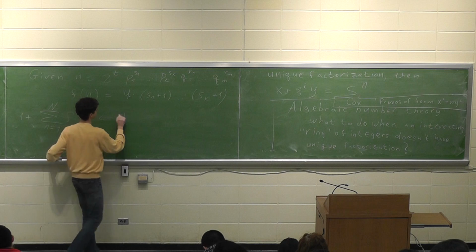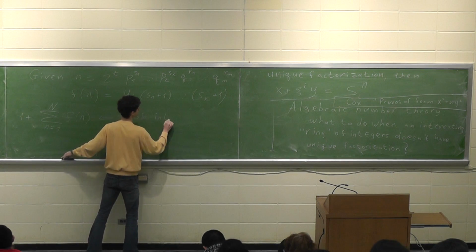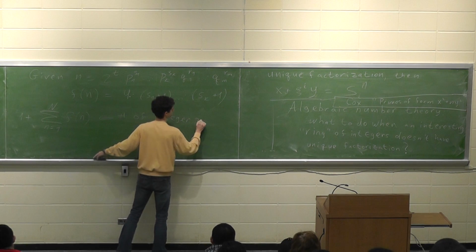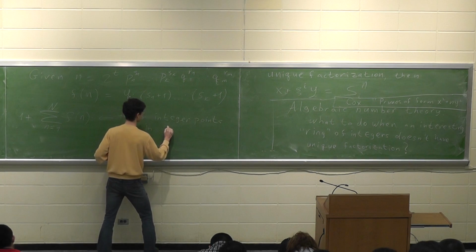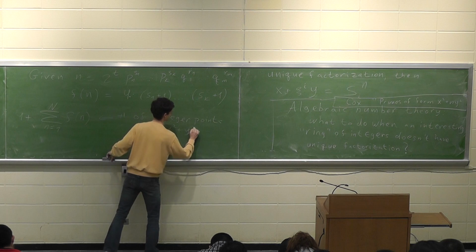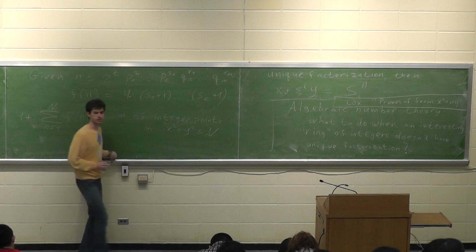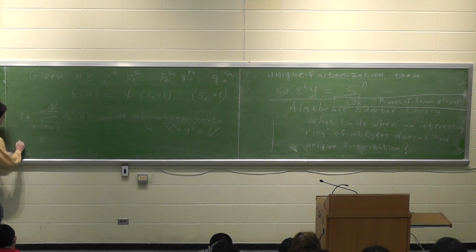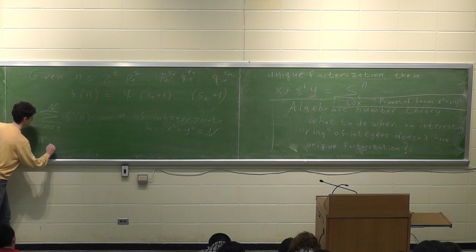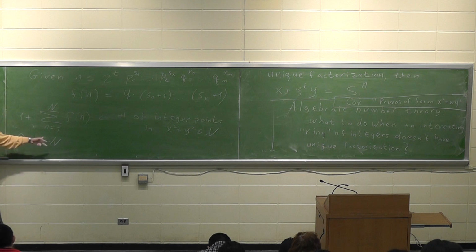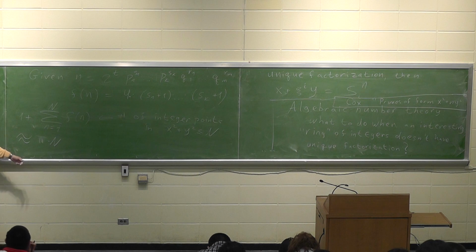So this is the number of integer points in such a disk. On the other hand, we show that approximately this is equal to pi times square root of n squared, pi times radius squared, which is this number.